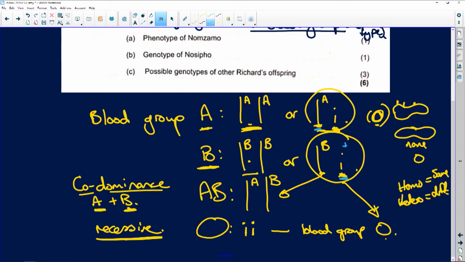Or they can be blood group B, this one plus that one. Or they can be blood group A and B, there we go. Or it can be this little one and this little one, and that will give us blood group O. So heterozygous A and B, you can end up with children with every single one of the blood groups.